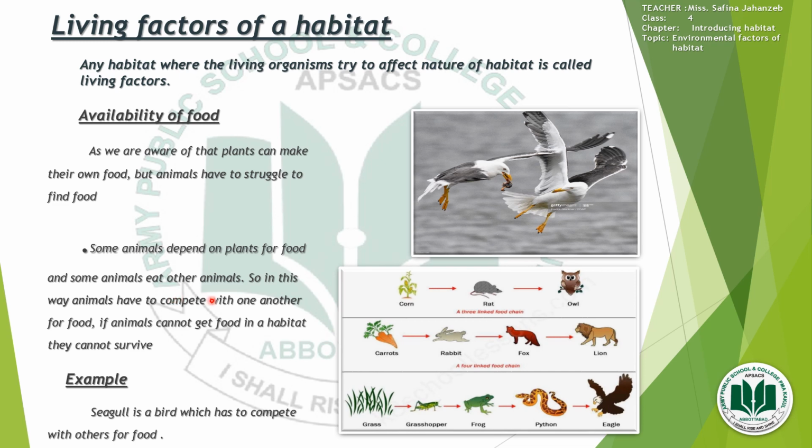If animals cannot get food in a habitat, they cannot survive. So, in this way, students, we can say that all living organisms depend on each other to survive in any habitat.